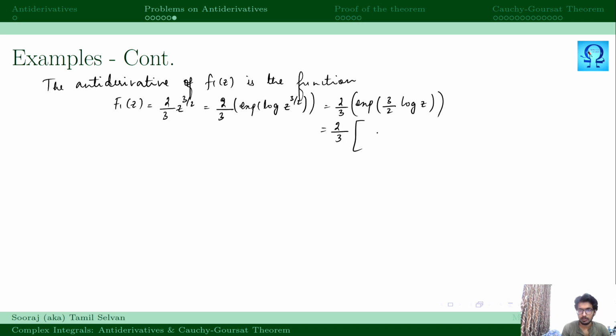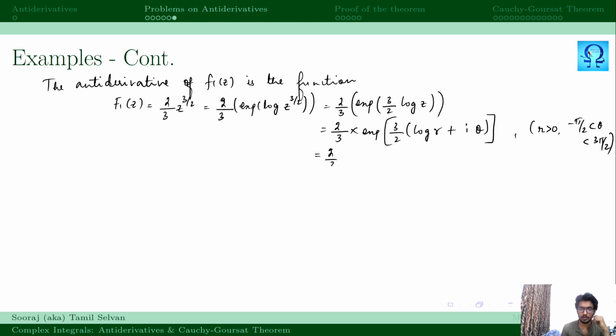This is 2 upon 3 exponential of 3 upon 2 log of square root of x squared plus y squared, that is r, plus iota times theta, with r positive and theta lying between minus pi by 2 and 3 pi by 2.